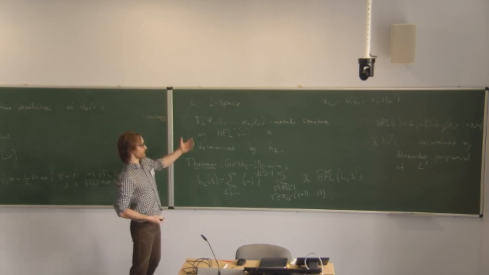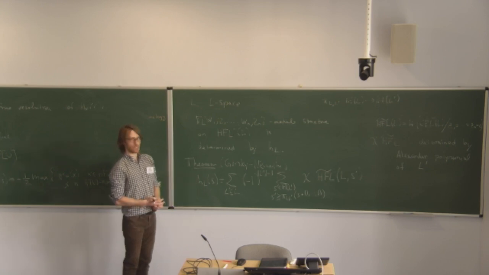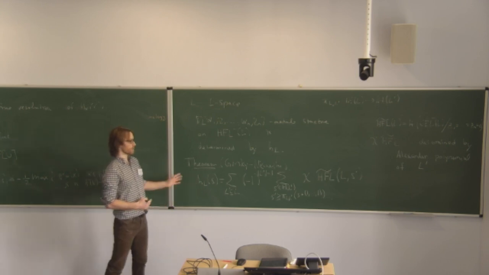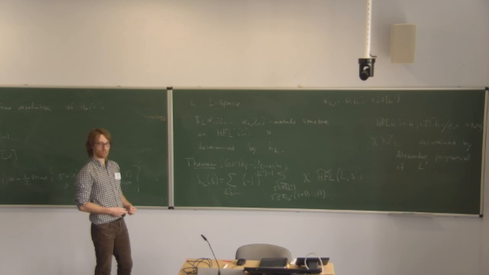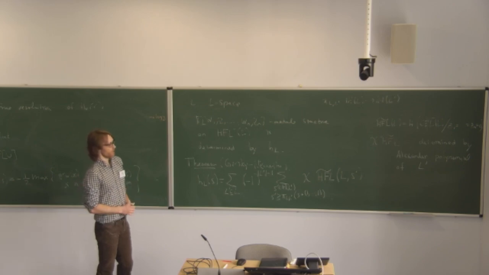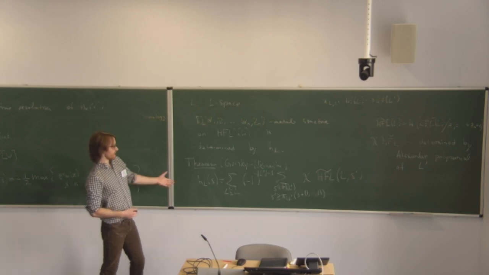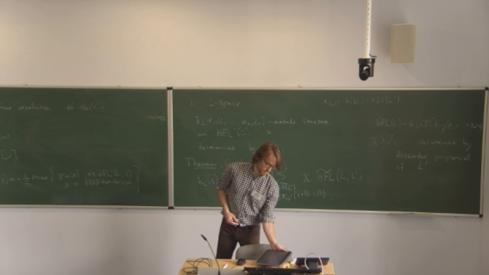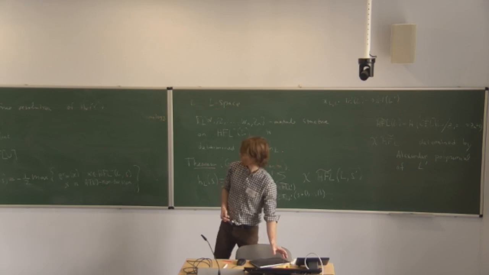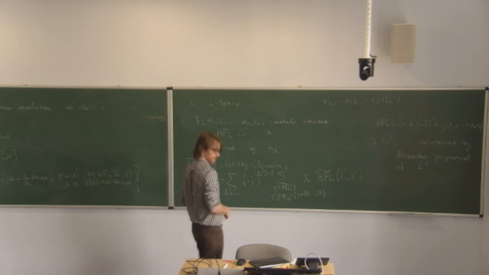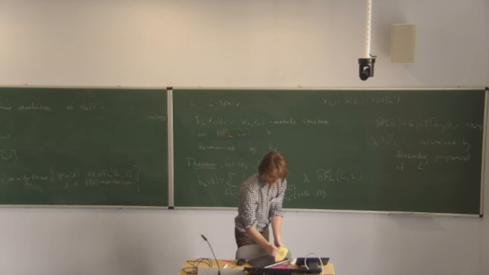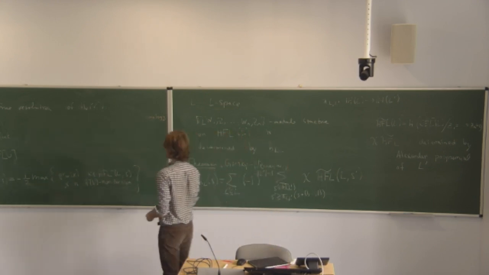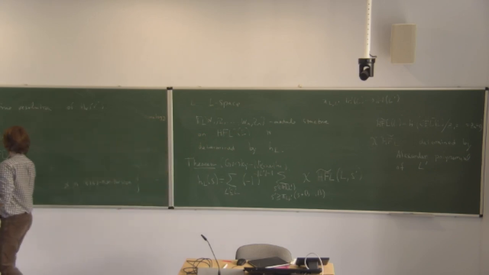And so using our theorem, we can, for example, compute the link Floer complexes of algebraic links and all plumbed L-space links, and also of two-component L-space links. There are a lot of these.